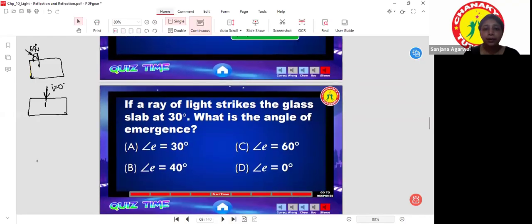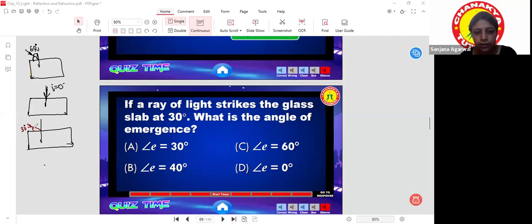If a ray of light strikes the glass slab at 30 degrees, now what is the angle of emergence? Think about the answer quickly. Okay, the previous case only. Still, I'll draw again. So if a ray of light makes a 30 degree angle with the glass slab.